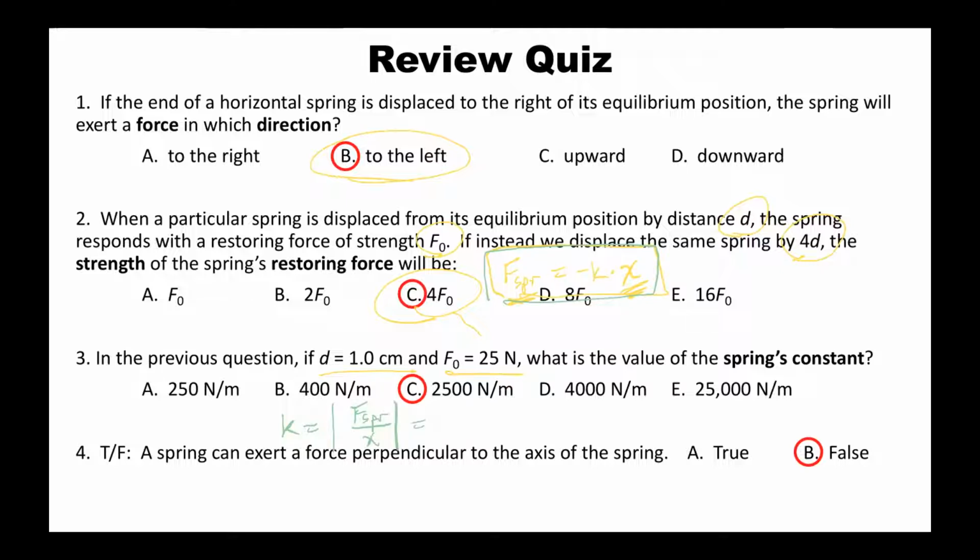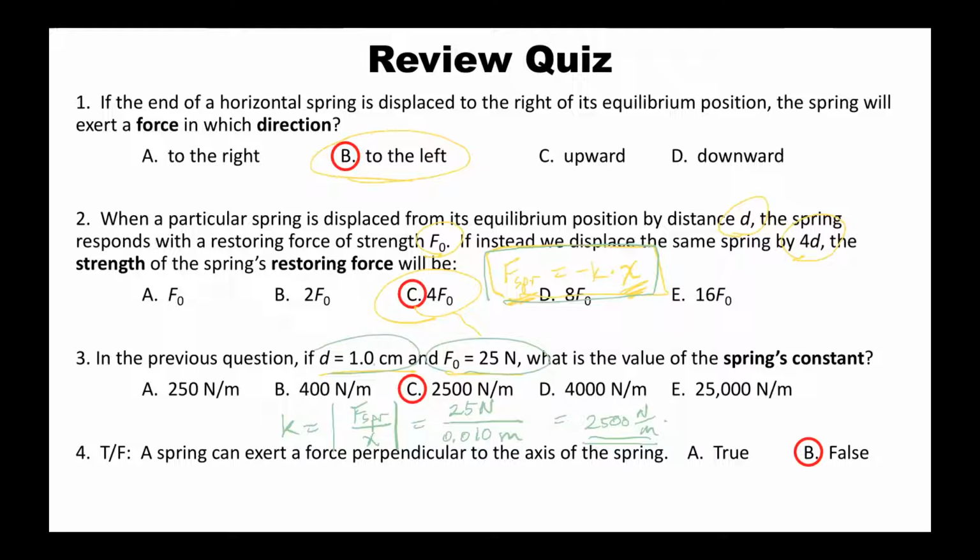So that's going to be 25 newtons divided by 0.01 of a meter. If we want the answer in newtons per meter, then that turns out to be 2,500. So this is a fairly stiff spring. If you stretch it by only 1 centimeter, it pushes or pulls back on you with 25 newtons, which is about 5 pounds of force.